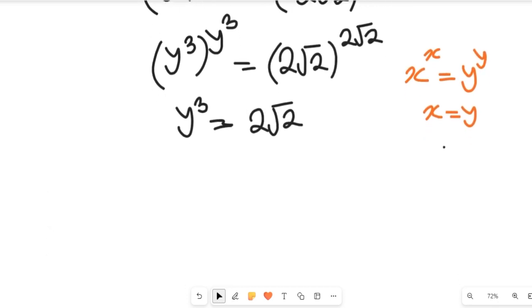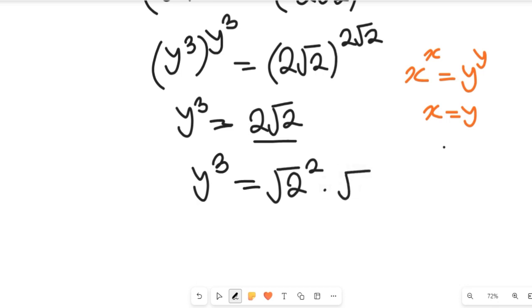So that appears to be not the solution, but we can simplify that further. Now this expression gives us y to the power of 3 equal to, nothing has changed, the square root of 2 squared multiplied by the square root of 2 to the power of 1.